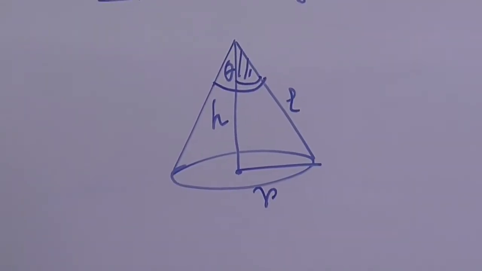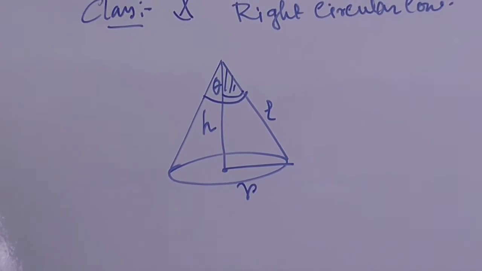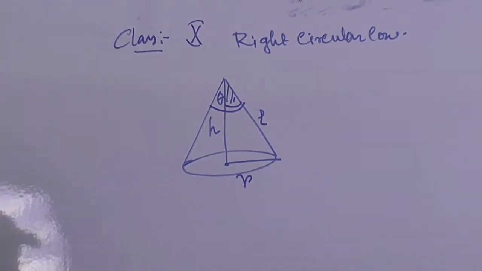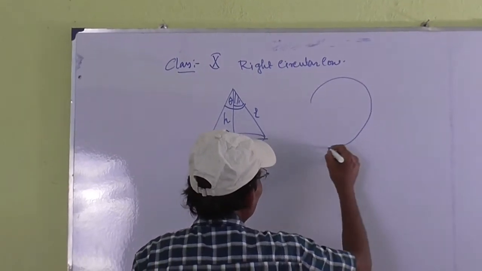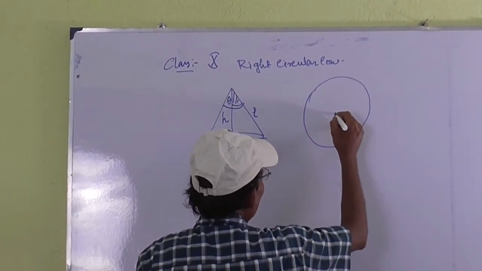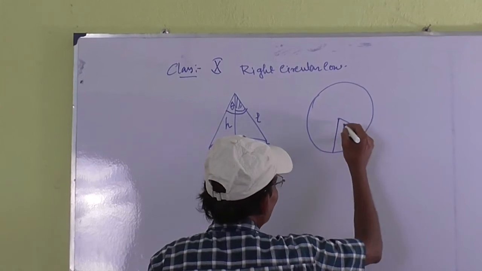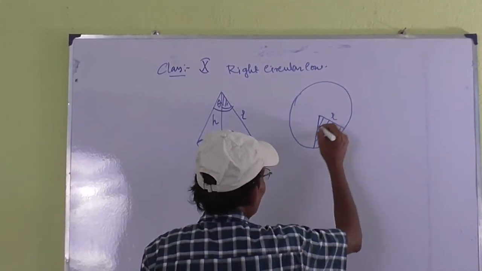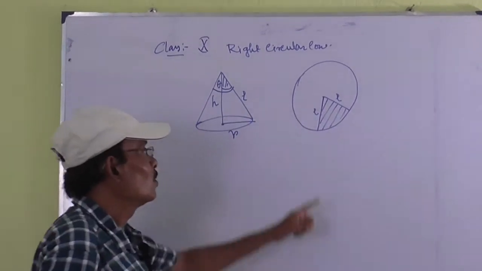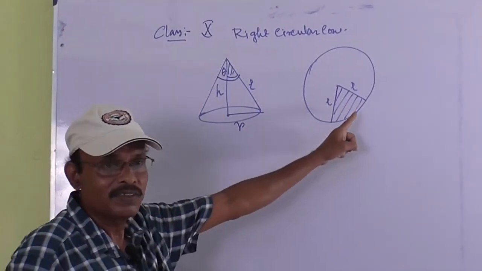Now, we have to prove the surface area of the right circular cone. If we take a circular piece of paper and cut a section, this is L and this is also L, that means the radius.